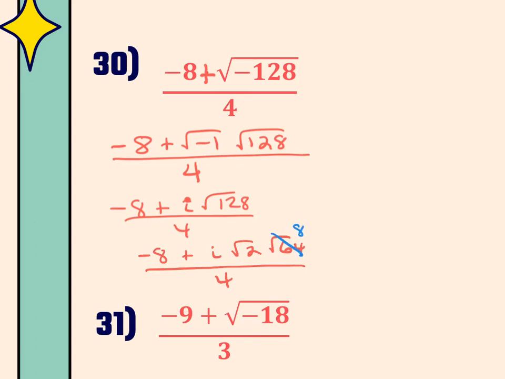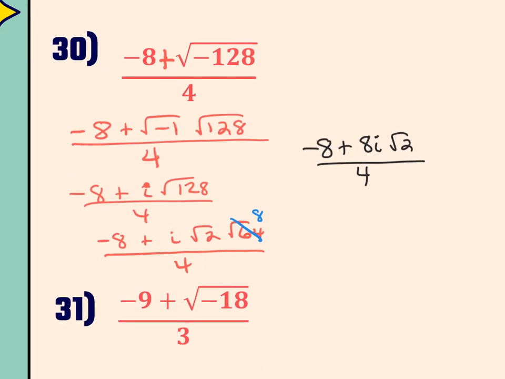So now I have negative 8 plus 8i square root 2 over 4. I need to simplify, and I can divide them all by 4. So now my final answer is negative 2 plus 2i square root 2.